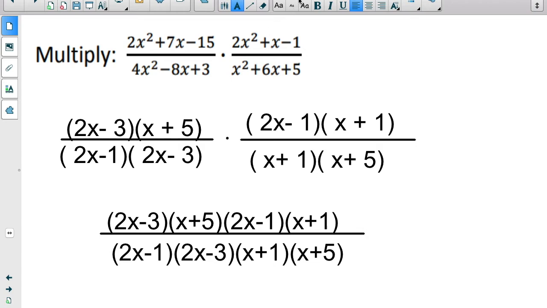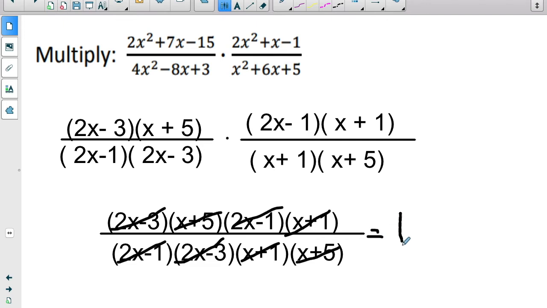And now at this point here, we need to simplify out what's in common on top and bottom. Well, 2x minus 1 and 2x minus 1 would cancel. X plus 1 and x plus 1 would cancel. X plus 5 and x plus 5 would cancel. And 2x minus 3 and 2x minus 3 would simplify out. Well, wait a minute.